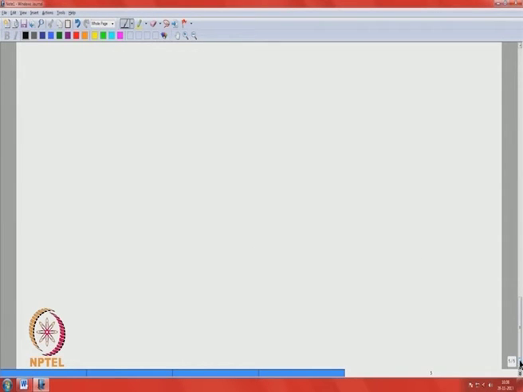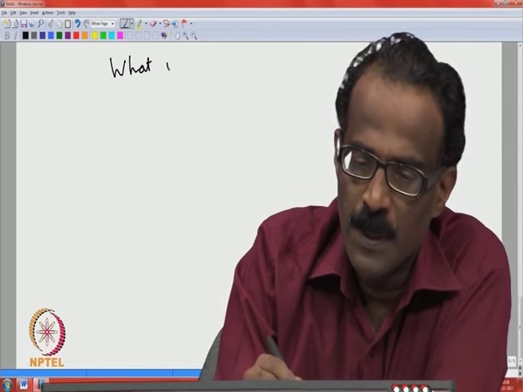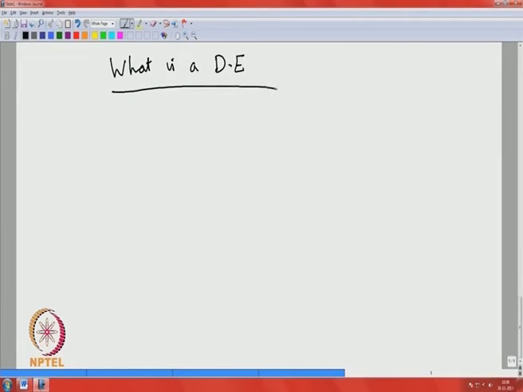So, what is a differential equation basically? Formally it is nothing but a relation. You will have an independent variable t, an unknown function y which is a function of t, and its derivatives, depending on what type of problem.